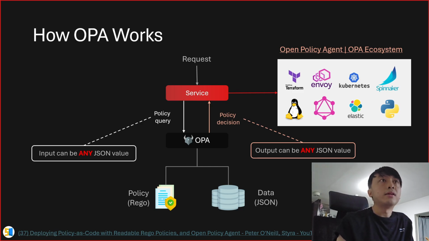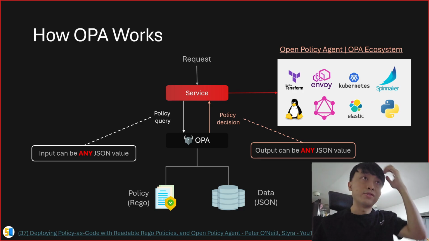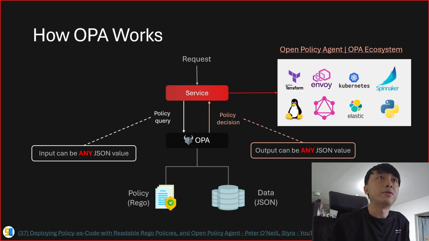We can use it with Terraform, let's say, to prevent some deletions of resources that we have on the cloud, to protect the configurations on our cloud systems. We can put it in Envoy, and in Kubernetes, let's say, to manage the policy of ingress and egress. We can put it in Spinnaker to make a policy about who can run a job and when.